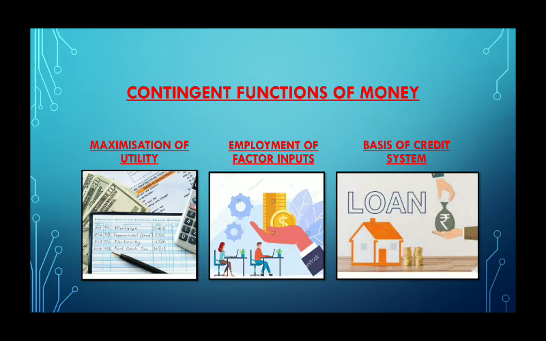So total national income, how much is allotted to land, how much is allotted to labor, capital and entrepreneur, that can only be done in terms of money. So that is why we can say that distribution of national income is also done with money.